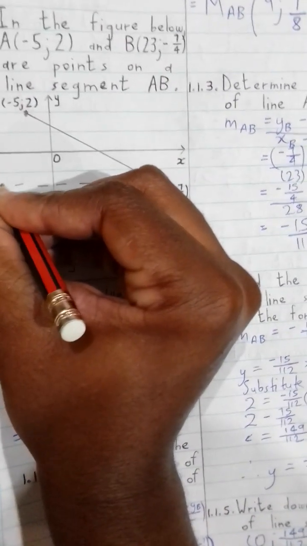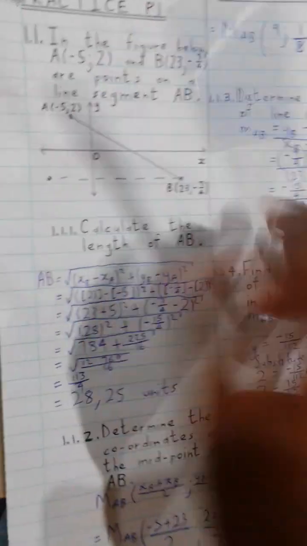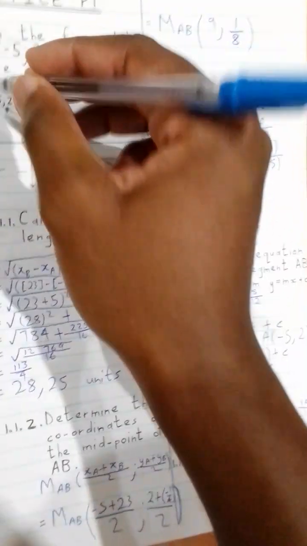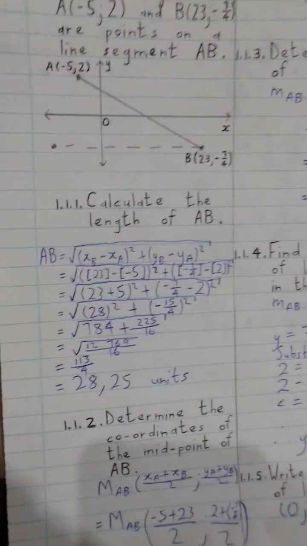So this puts A prime somewhere there. So if it's like this, it comes here so that it becomes 0, right?